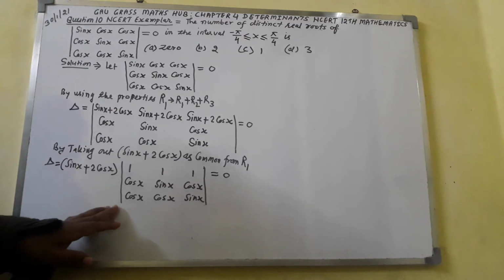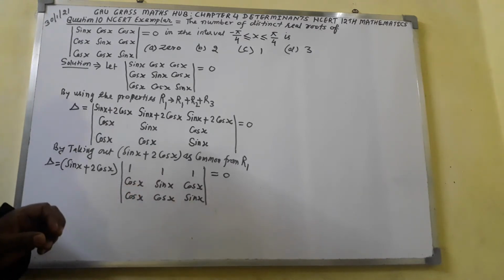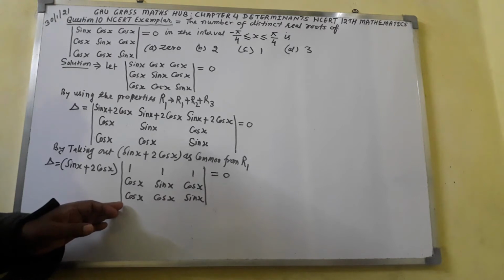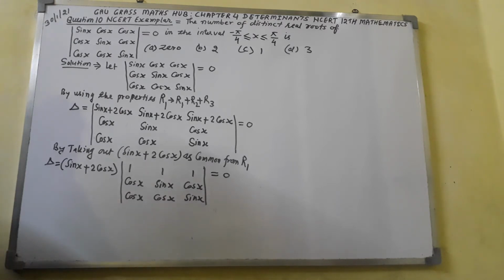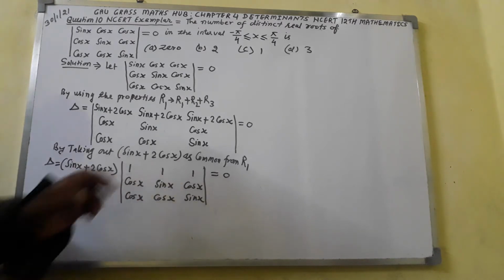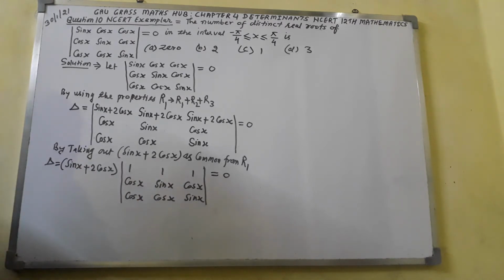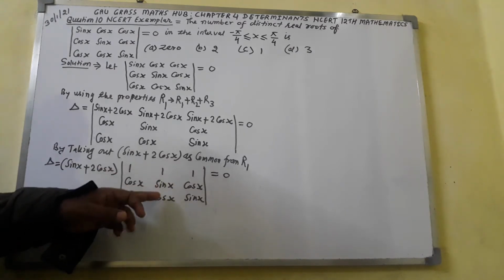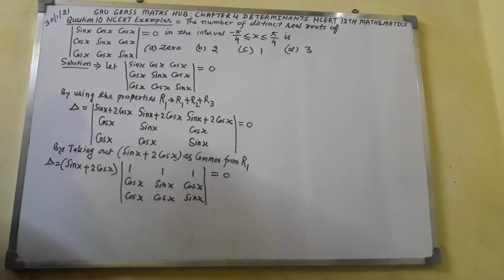So if I want this determinant to be expanded along the first row, I want the maximum number of zeros in the first row. So apply the property such that there will be the maximum number of zeros in the first row.